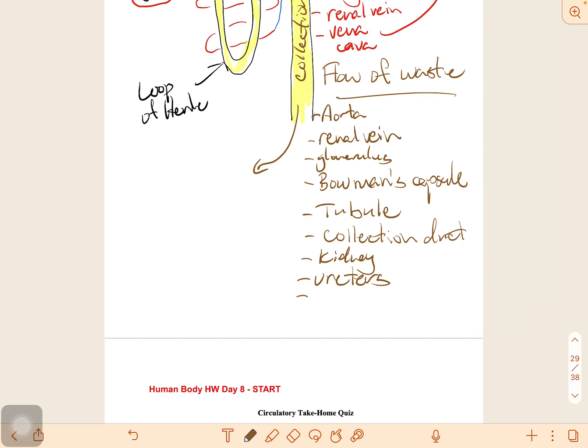Then from the ureters, they're going to go to the bladder, and then to your urethra, and then hopefully out into a toilet or something appropriate to put wastes in, okay?